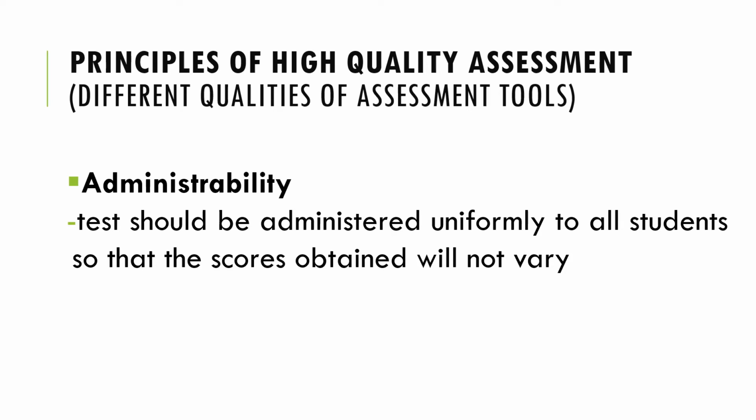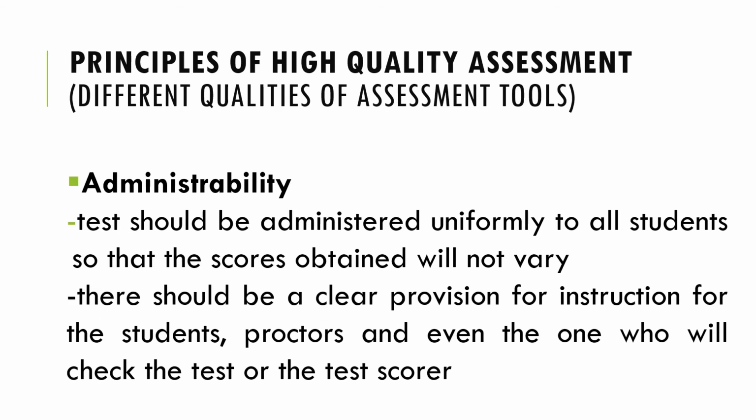All of them should be taking the exam. Because if you cannot do it uniformly, there could be a lot of chances that the scores obtained by the students will vary. There should be a clear provision for instruction for the students, proctors, and even the one who will check the test, or the test scorer.